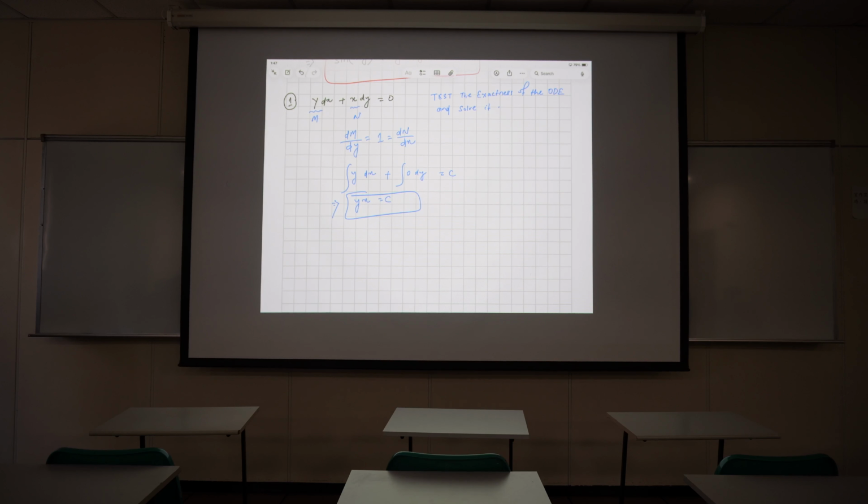Yes or no? Because any term with x should be treated as 0. If I do not put 0, just dy means it will be treated as 1. Then it will give you a value y. Okay?